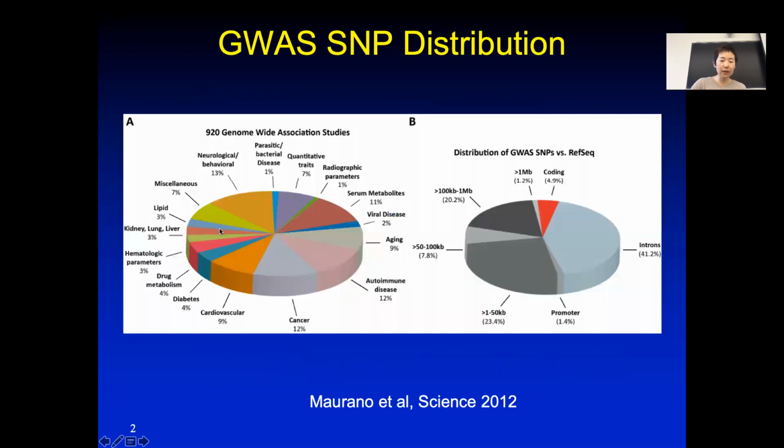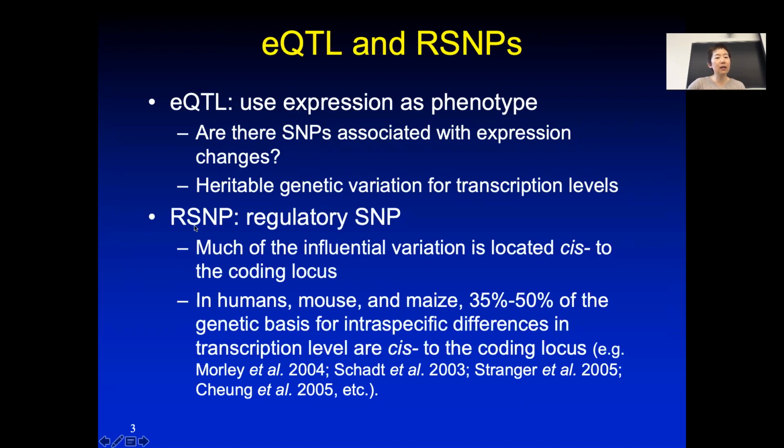And based on the distribution of all the GWAS hits, people suspect that a lot of these trait or phenotype associated SNPs are rSNPs, or regulatory SNPs, which means they land in a region potentially bound by a transcription factor. And then that transcription factor might regulate a nearby gene.